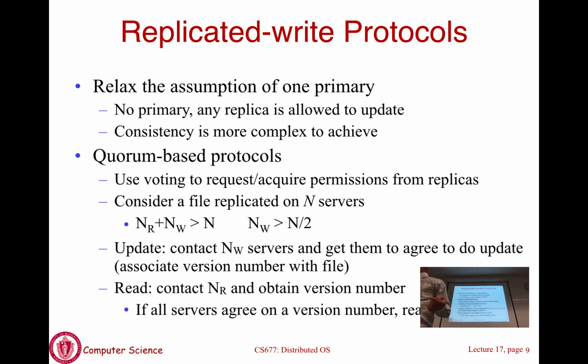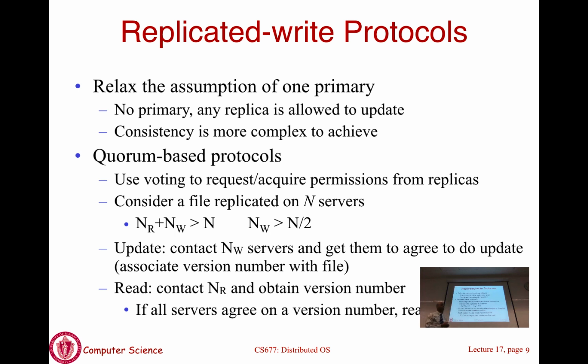But we will relax that scheme and see that some replicas may be behind. They may not have caught up. They may have an outdated version, which means they have a version number that is not the maximum. Some other replica actually has a more recent version, and that's okay because we'll see how to deal with that. So assume that files have a version number that gets incremented upon every write.